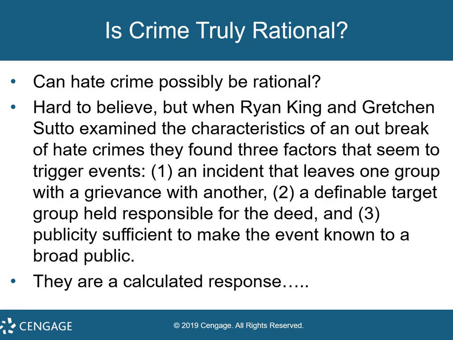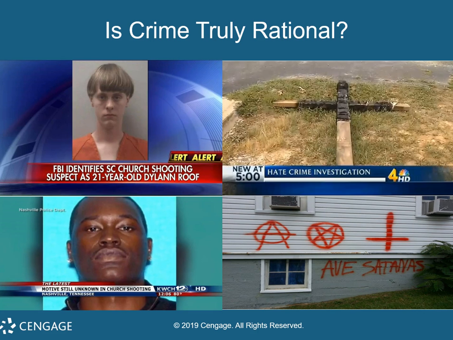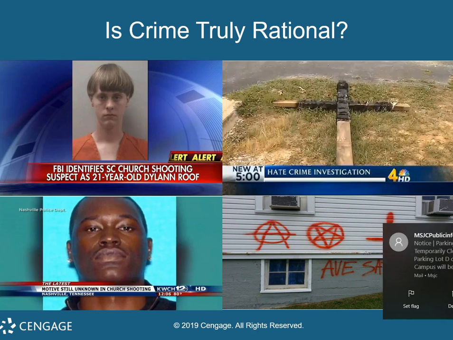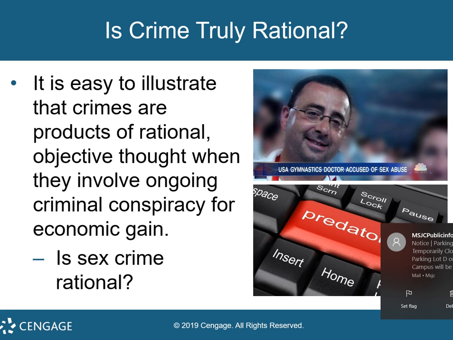So, again, this is the theory of rational choice. When you look at some of these things, is it rational? You can look at it at first and go, nah, they're just crazy. But a lot of times there is some convincing evidence that shows that maybe it can fall under the rational choice theory, if you will.